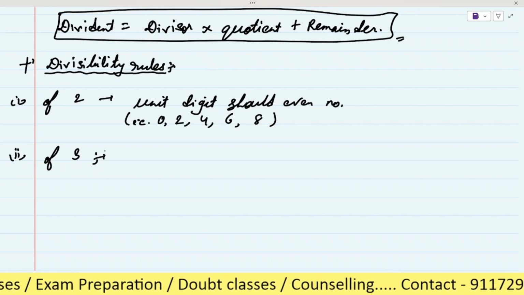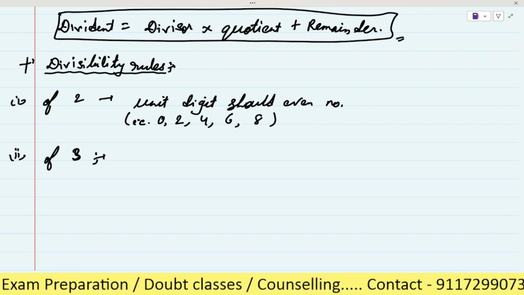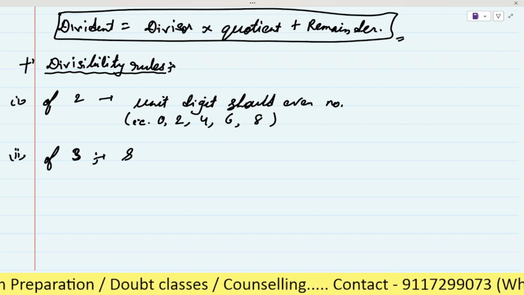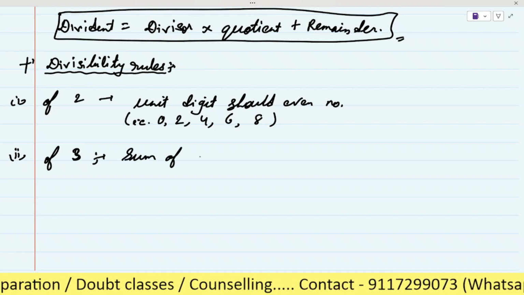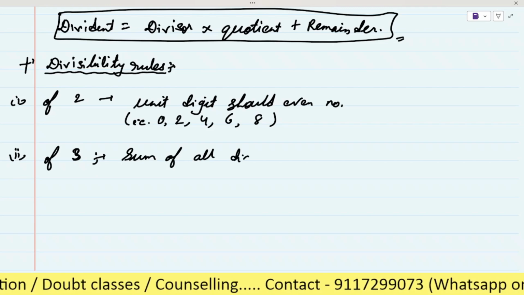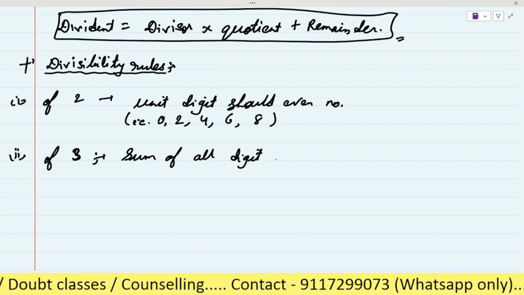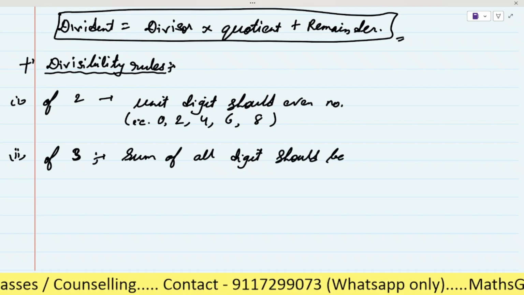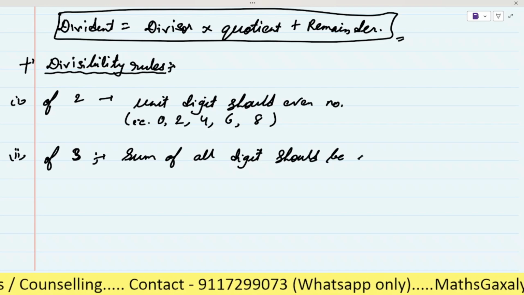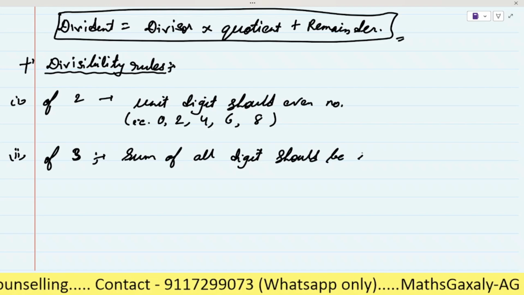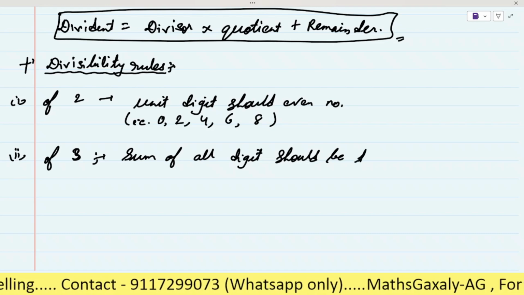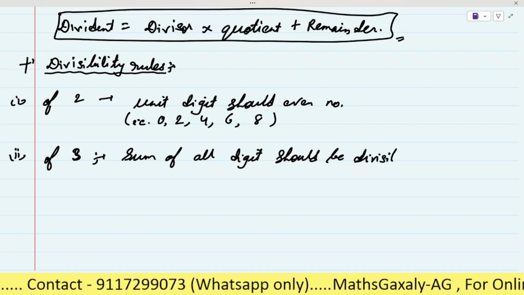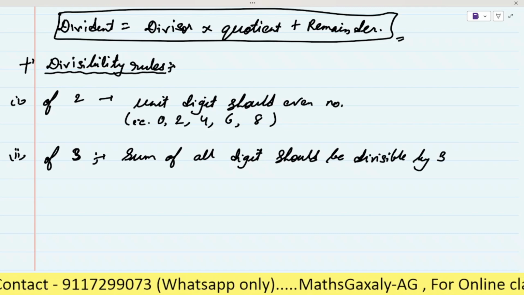Yes. Okay, now divisibility rule of 3, what will it be? The sum of all digits should be divisible by 3, or we can say it should be a multiple of 3.